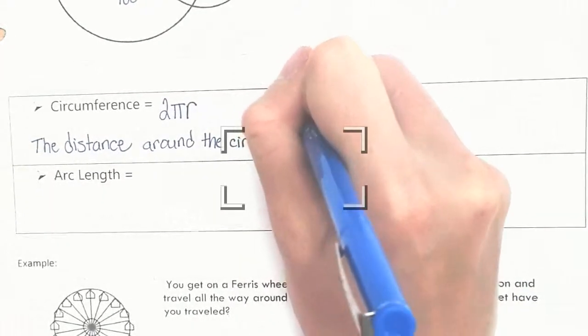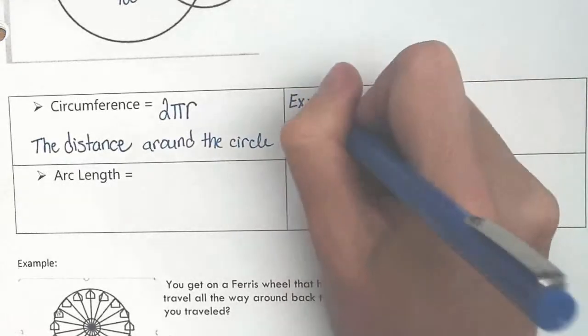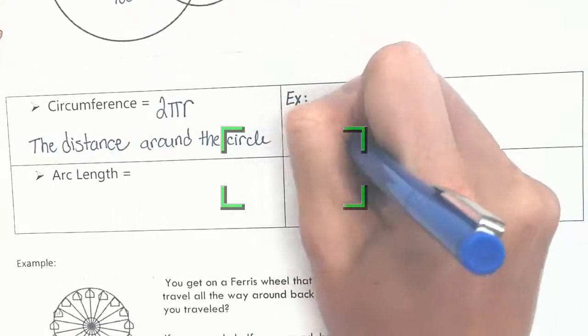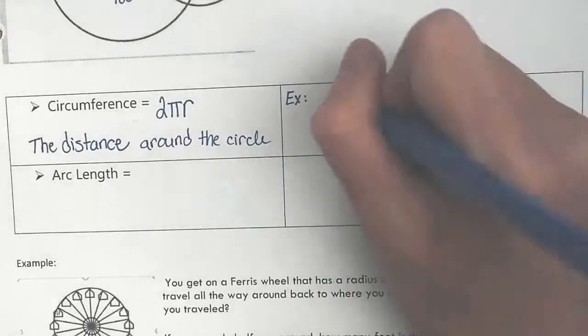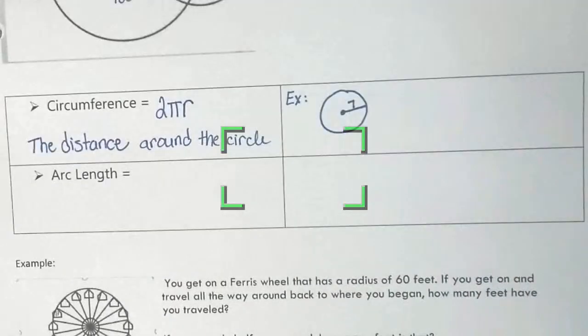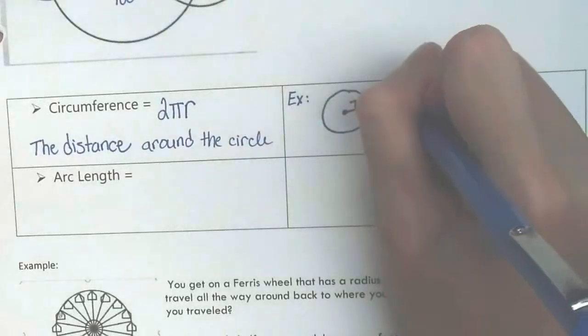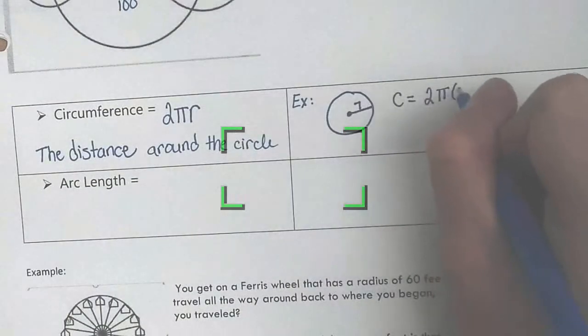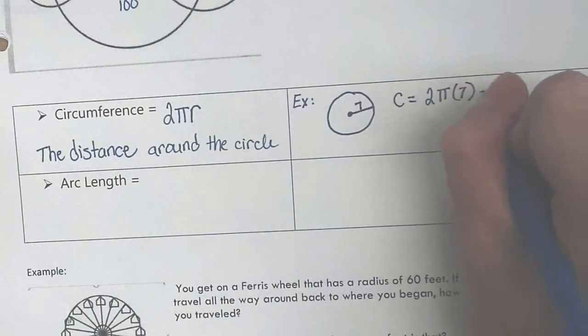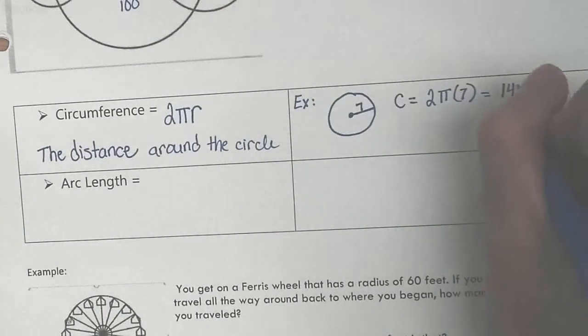So an example. If we have a circle and the radius is 7, the circumference is equal to 2 times pi times 7, which is 14 pi.